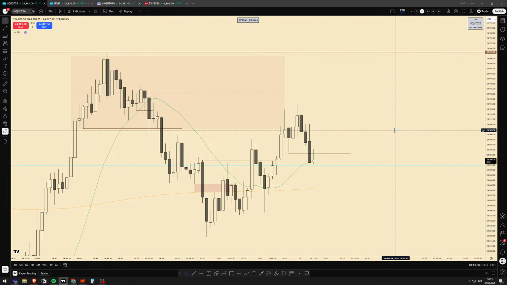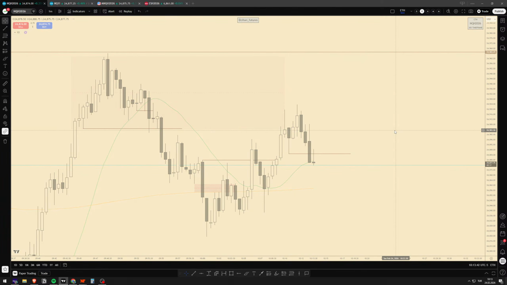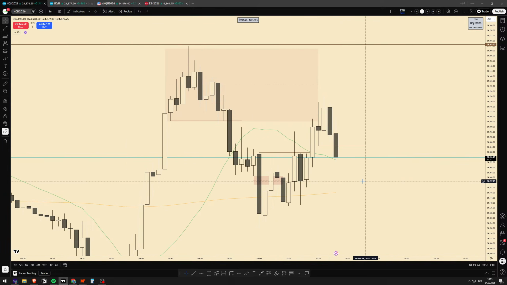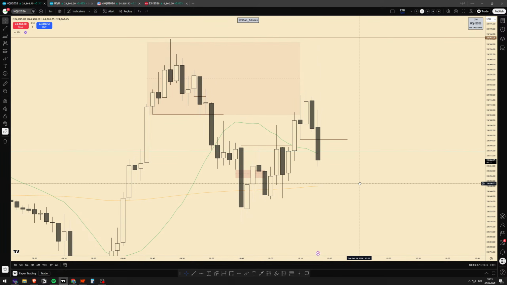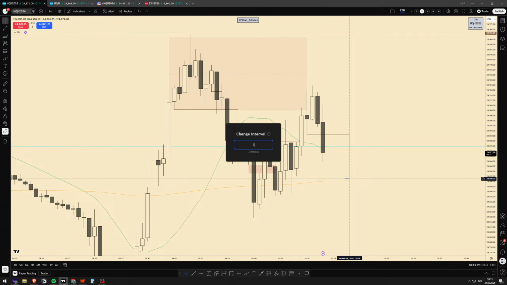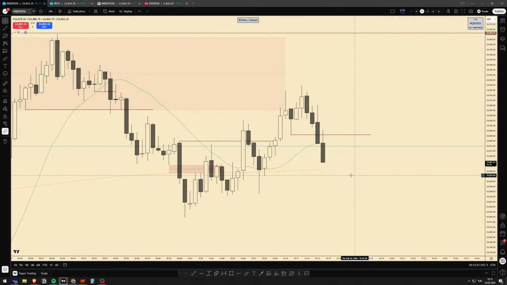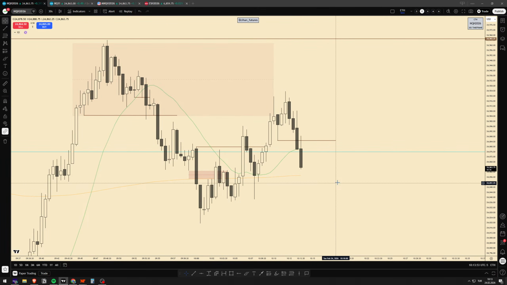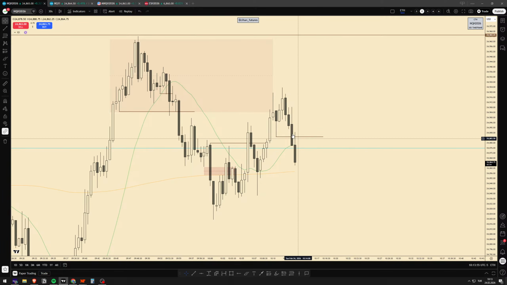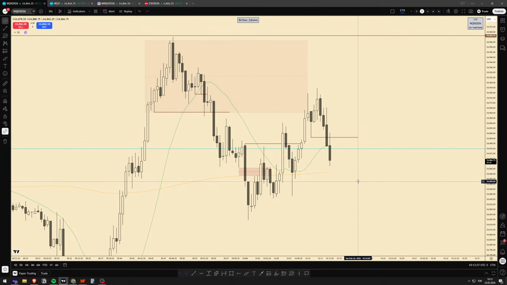I mean, on 30 seconds it seems like it doesn't want to do the double bottom, but it has been really slow. This is the midnight open price level. If I see imbalances like that, I'm waiting.